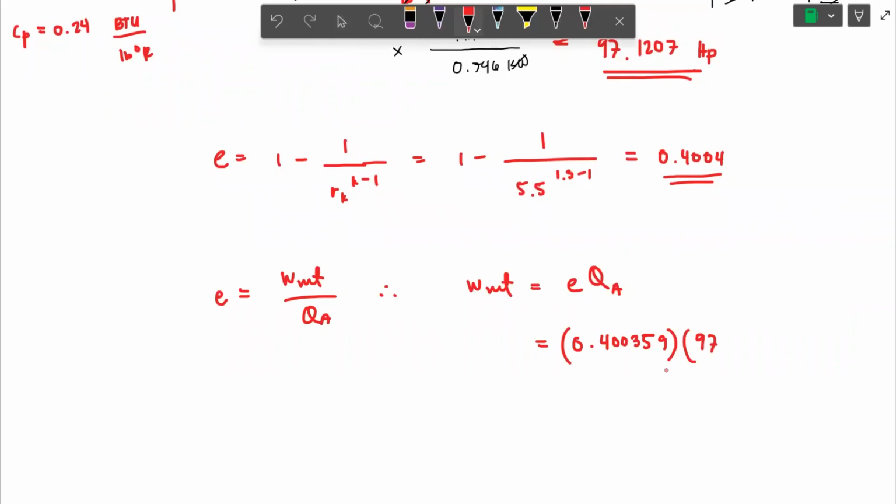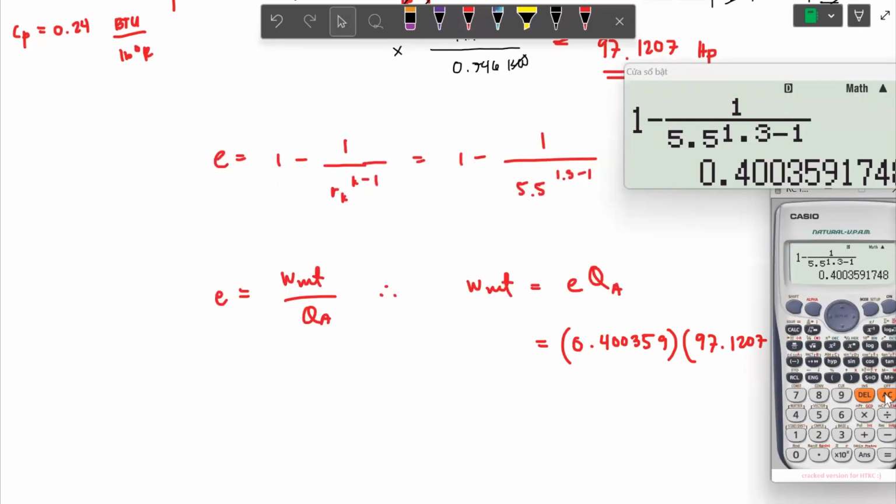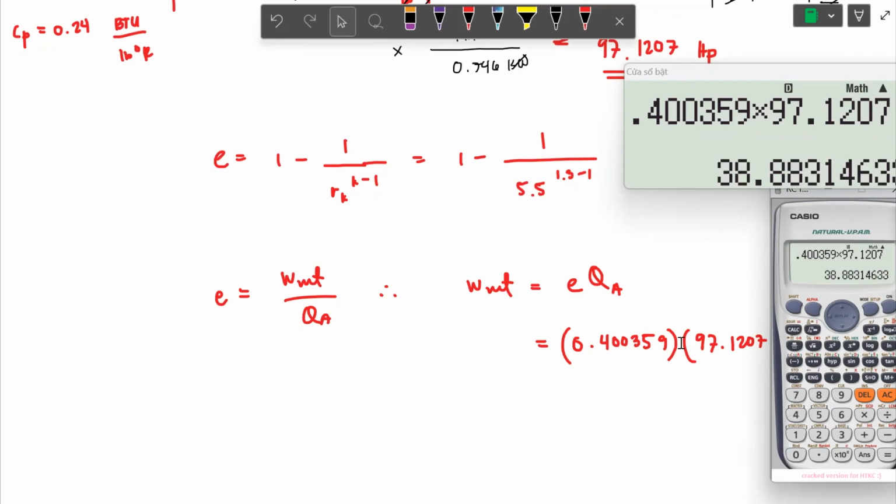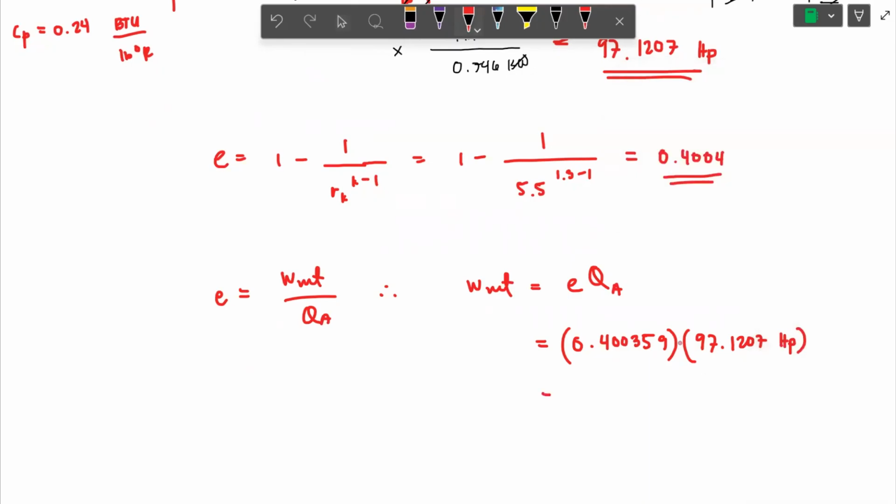So that is 97.1207 HP. Multiply na lang natin. Okay? So that is 0.400359 multiplied to 97.1207. So that is 38.88 HP. Basic lang yung mga ganyang problems. Okay?